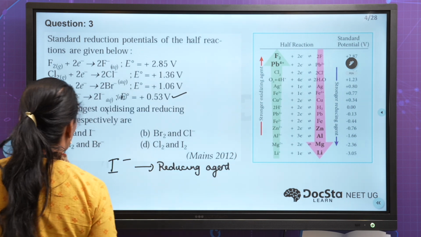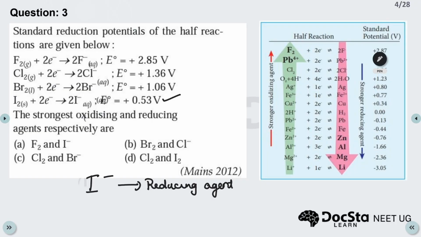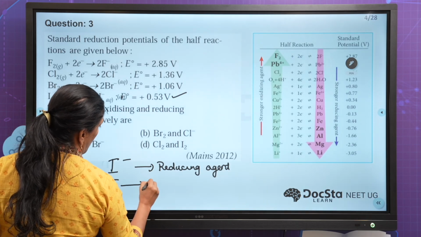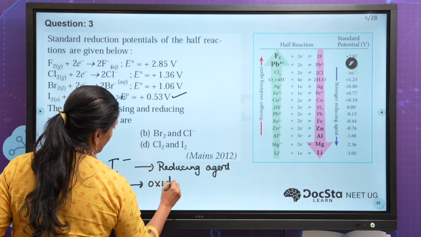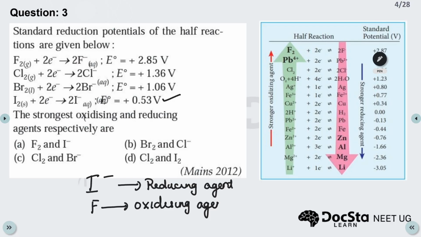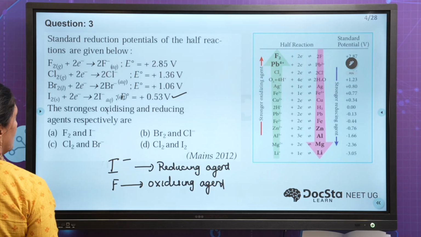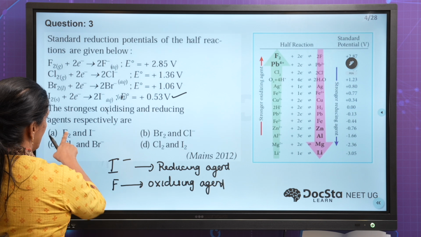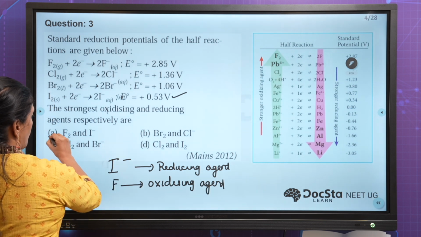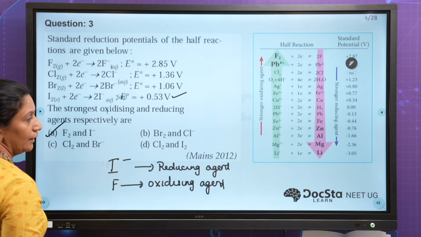Whereas from here we can find that the value of fluorine is positive, more positive. So fluorine acts as a powerful oxidizing agent. So the correct option regarding this question, the strongest oxidizing is fluorine and the reducing is iodine. So the correct option is given by A.